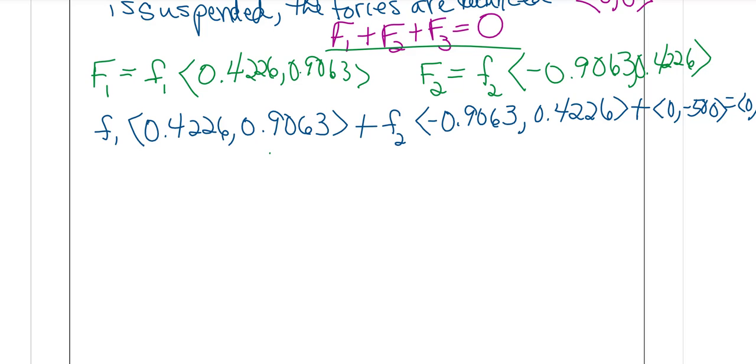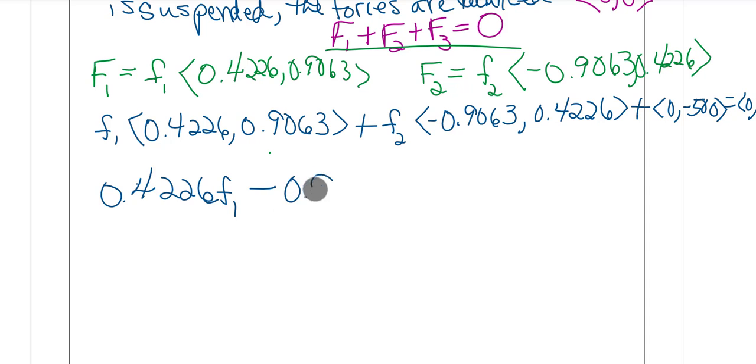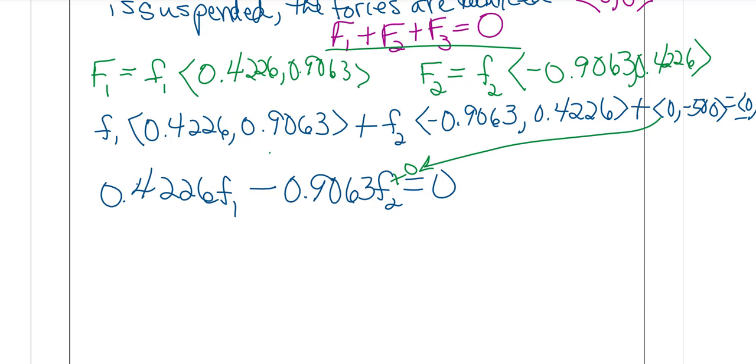So our two equations are going to be 0.4226 F1 minus 0.9063 F2 is going to equal the x component of the resultant vector, which is 0. If I wanted to, I could even include a plus 0 here for this x part, but it's unnecessary.